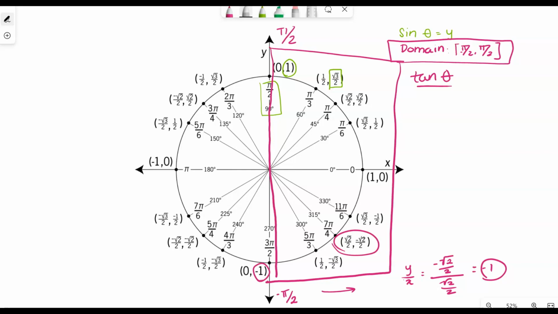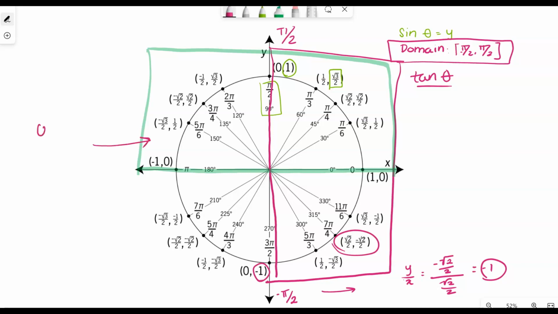When it comes to looking at cotangent, let's see if I can change this color. When we're looking at cotangent, we're really looking at from 0, sorry, not cotangent. When we're looking at cosine, we are looking at this half of the circle, right? Because we need to incorporate when cosine will equal those negative values.